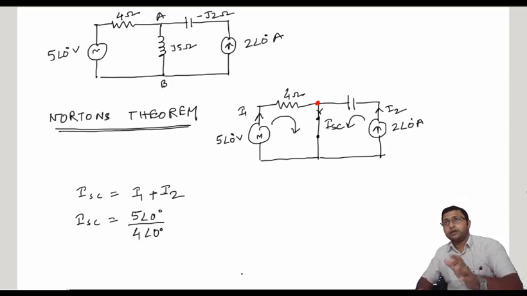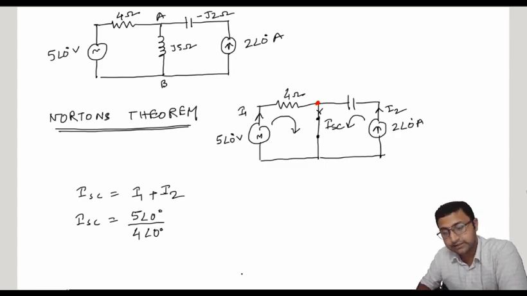The interesting thing is, if the passive element is an inductive reactance, the angle is plus 90 degree, and if the component is a capacitive reactance, the angle will be minus 90 degree. It's a simple thing. But if the element is a pure resistance, the angle will be 0 degree. Here the 4 ohm is a pure resistance, so it is 4 at an angle 0 degree.